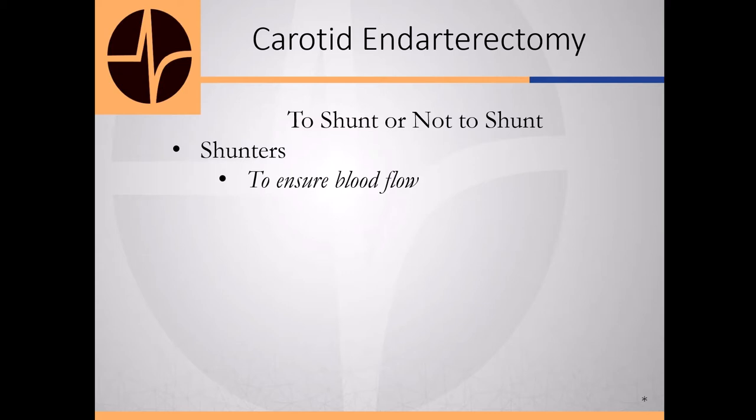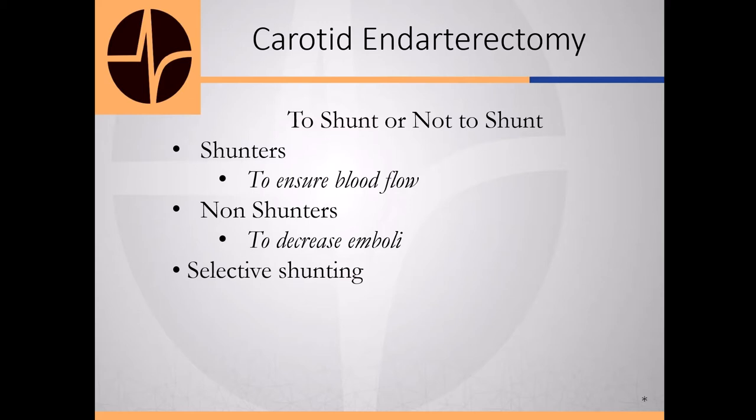But as we already said, shunting has its own issues. Non-shunters want to decrease emboli, because you can throw plaque during shunting. And then you have selective shunters who base it on vascular and neural monitoring. They'll clamp it and ask us what we see, and if we're good, then they won't shunt. If we have a change, then they'll shunt.